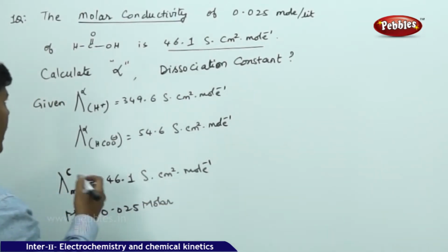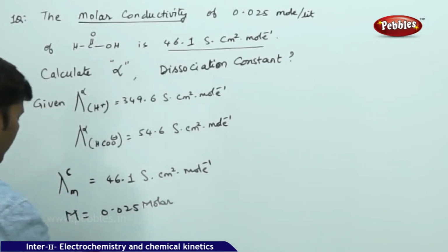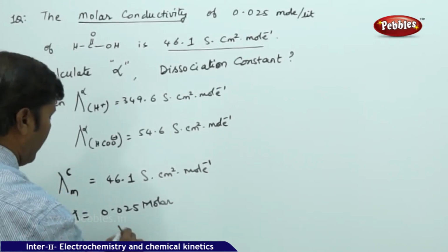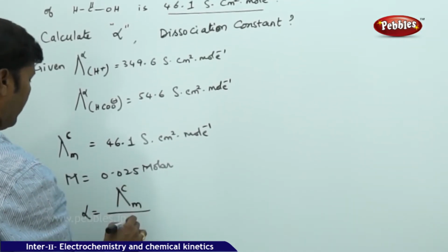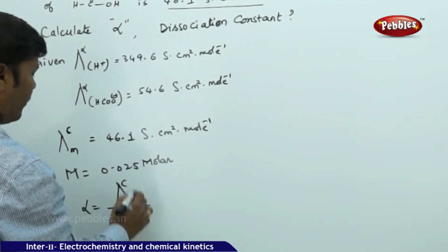Then he is asking us to calculate alpha, so directly I am using the formula: alpha is equal to the molar conductance at a given concentration divided by molar conductance at infinite dilution.